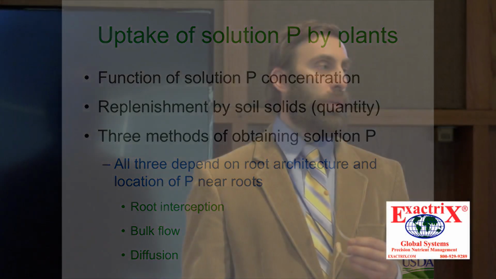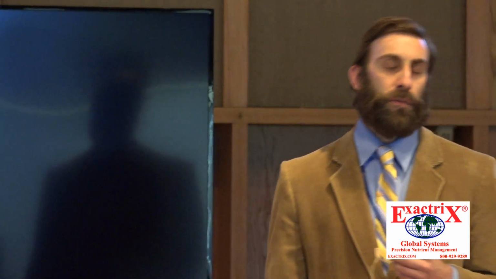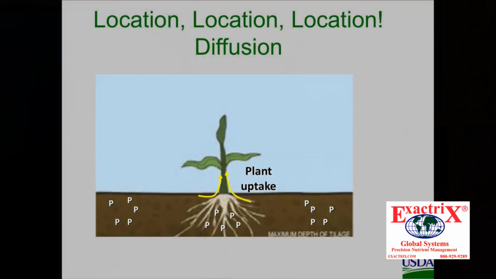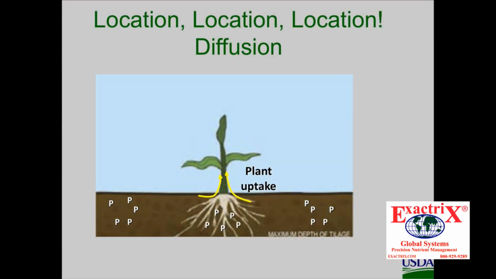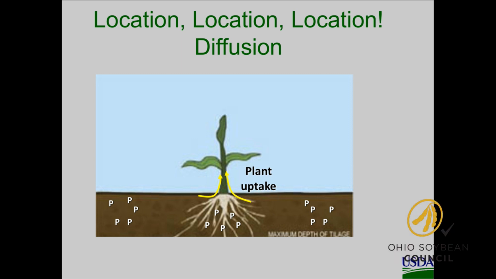Diffusion is the most important, the most critical means of uptake of phosphorus by plants. Brief illustration of diffusion. Imagine you start out with a soil where the phosphorus is evenly distributed throughout it. The plant begins to take up phosphorus from the solution, and it depletes it directly in the vicinity around the plant roots.